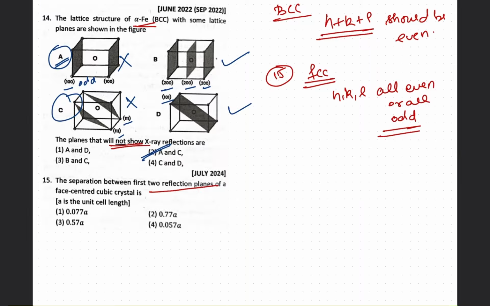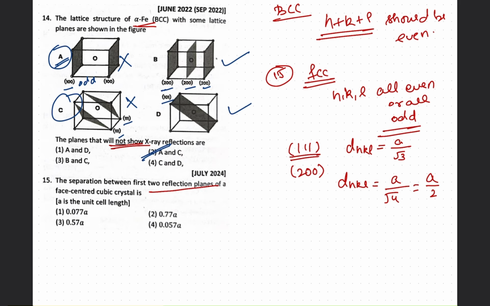The first plane will be 1 1 1, all odd. Then the second plane will be 2 0 0, all even. Now for d_hkl, for the first it will be a over root 3, and for the second it will be a over root 4, which is a over 2.